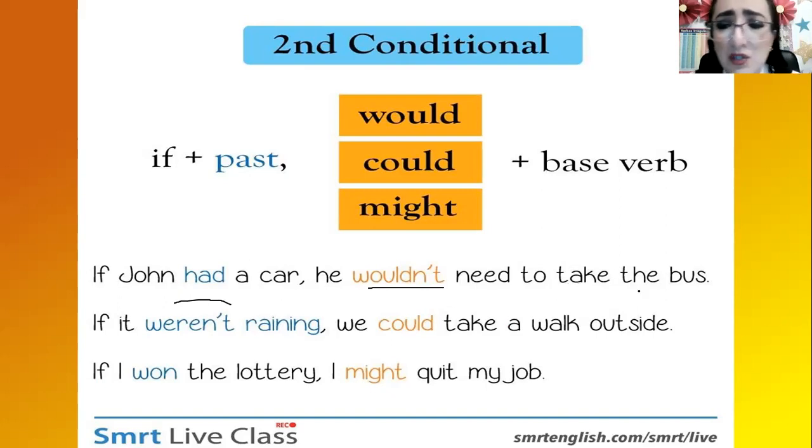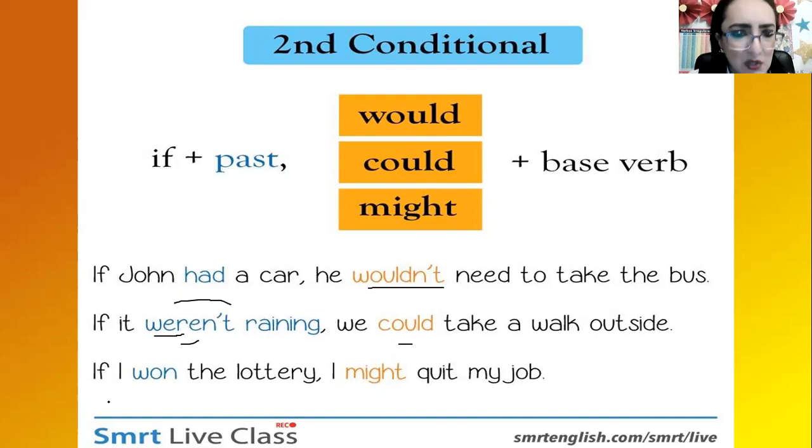Carlos wouldn't need to take the bus if he had a car. The only thing that we are going to take care about is the subject, okay? If it weren't raining, past, we could take a walk. Negative and affirmative, that's going to be great.